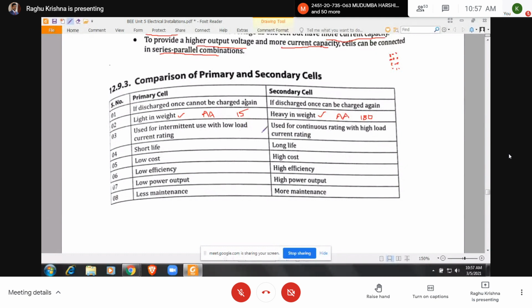Triple A is also available in both rechargeable and use-and-throw types. So the primary cell will be light in weight and the secondary cell will be heavy in weight.